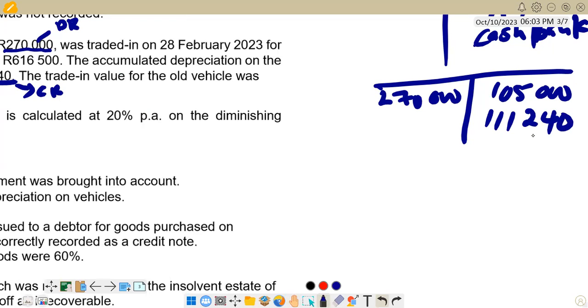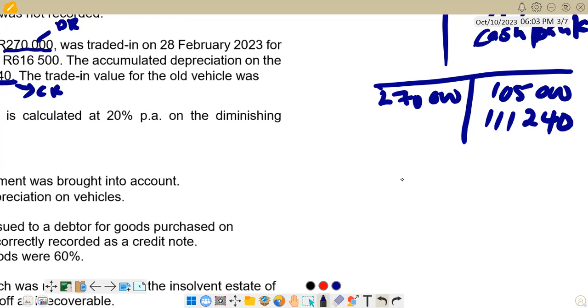So if you add the credit and the debit, you are going to see that one side is going to be a greater size, and we want to see by how much.